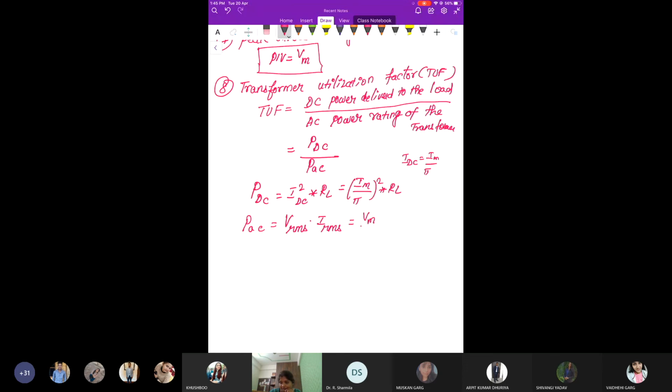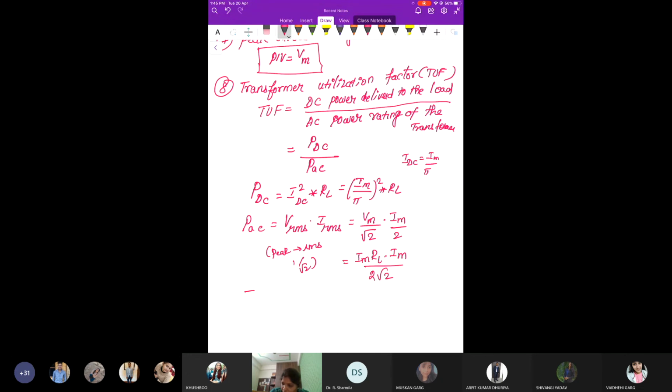So you will get Vm by root 2 into Im by 2. We have already calculated the IRMS value, that is Im by 2. Just substitute here: Vm I can write as Im into RL, into Im divided by 2 into root 2.